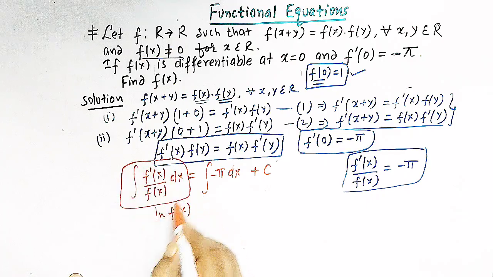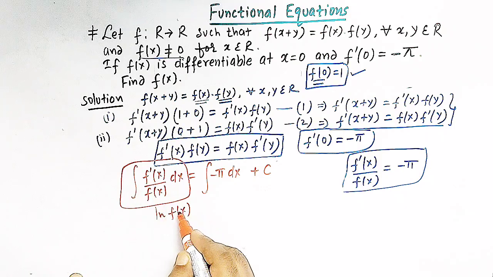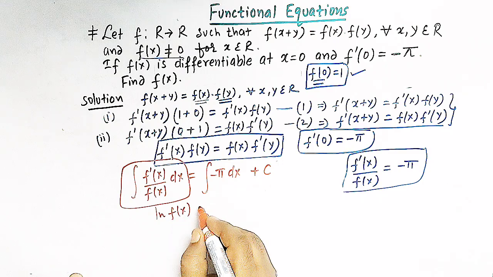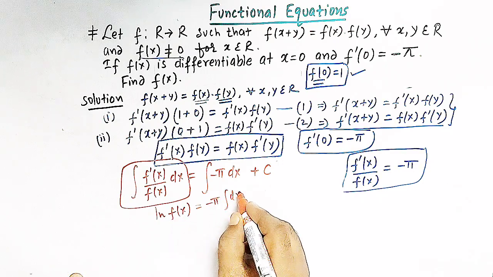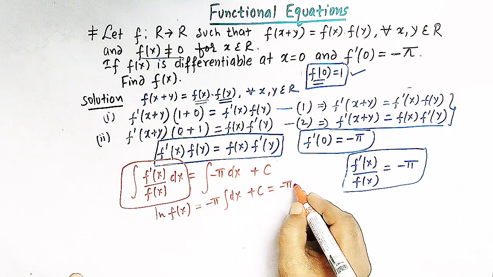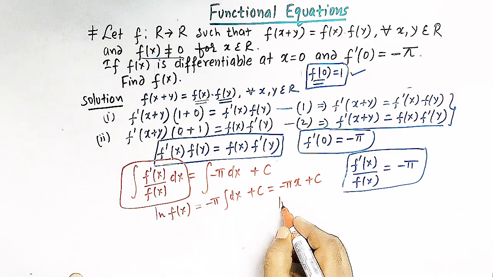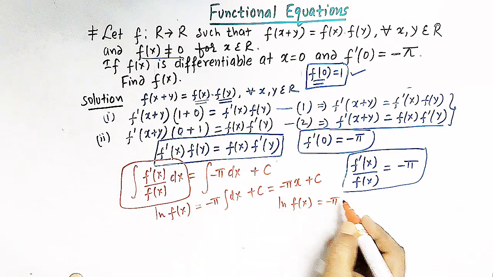So the indefinite integral of f prime of x divided by f of x dx is the natural log of f of x, and here we have minus pi dx plus c, so we have minus pi x plus c.